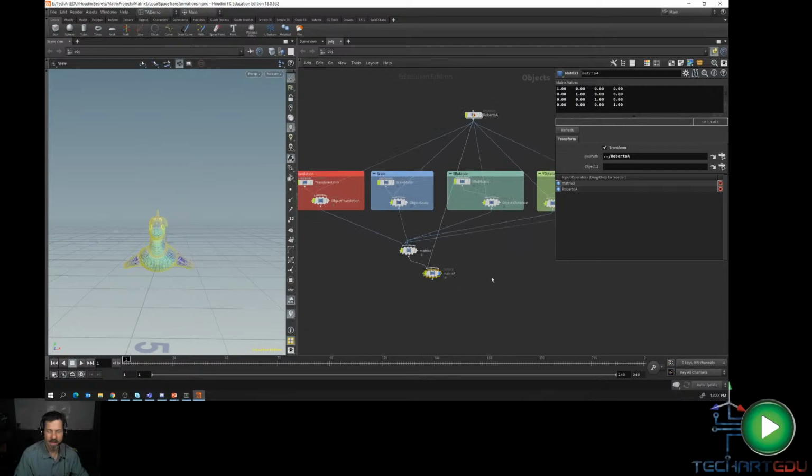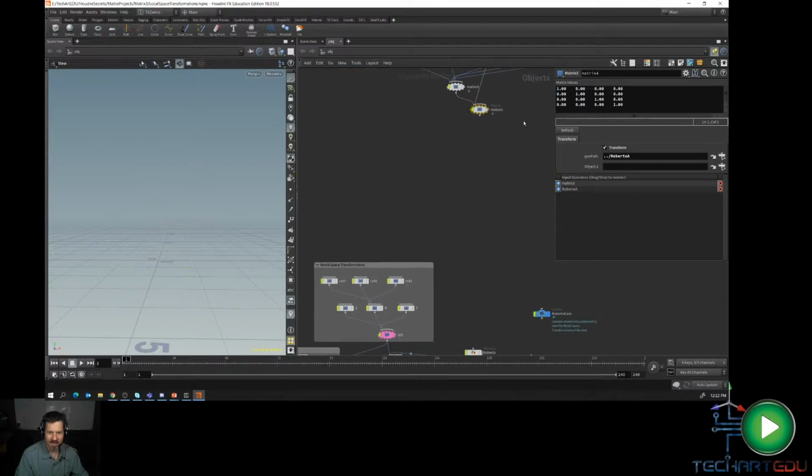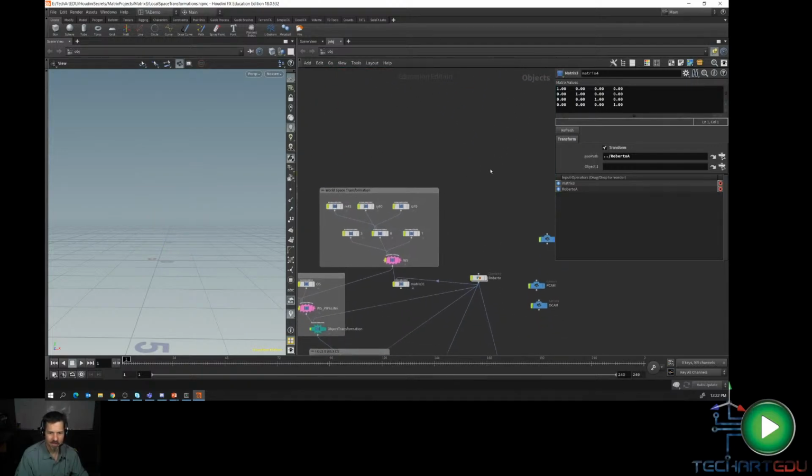All right, so actually I did have a fallback in case something did happen. So what I did was I reproduced all of these. Here are my rotations and my scale, and then here is, I'm going to multiply them right here on this node.